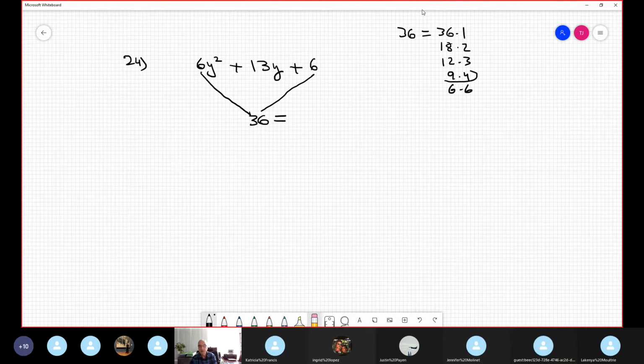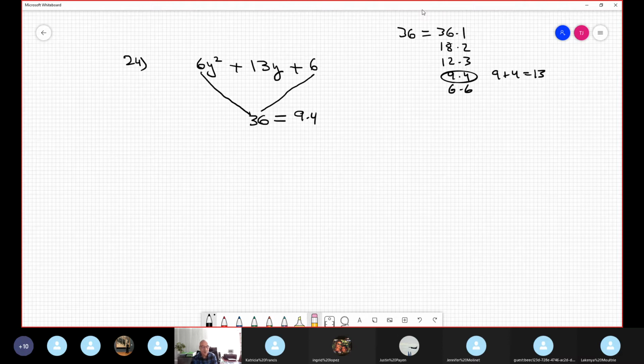And 9 and 4, because 9 plus 4 is 13. Do you see how I find the combination? The combination is 9 and 4, which can help me break down this trinomial into 4 terms.